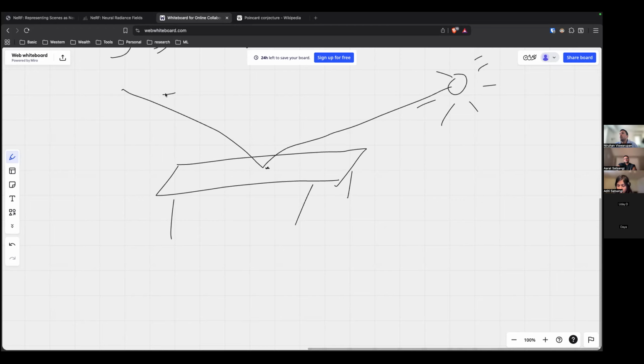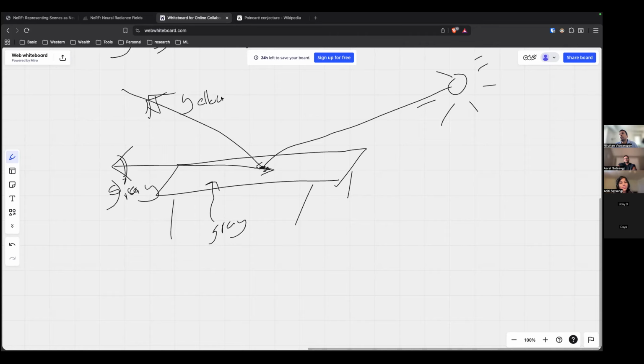So if you look at this point from here, you will see a bright spot, like a yellow. Let's imagine this is a gray marble table. If you look at it from here, it will not be gray at all. You can imagine there will be a reflection here, which is yellow. But if you look at the same point from, let's say, this angle, you will see gray color. Do you agree or disagree?